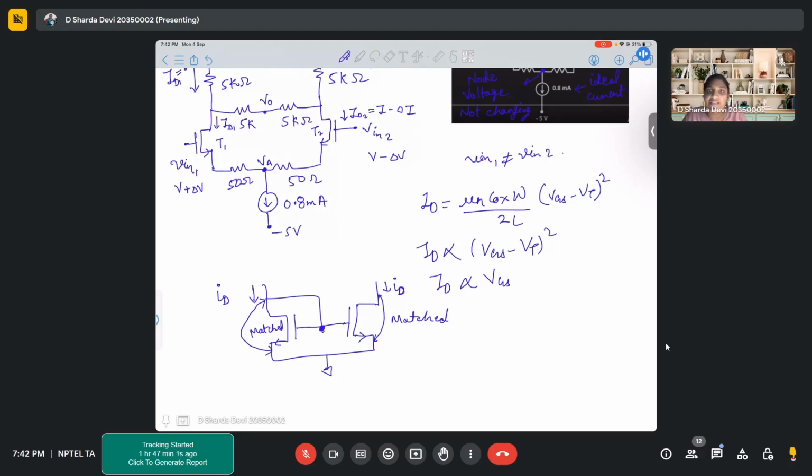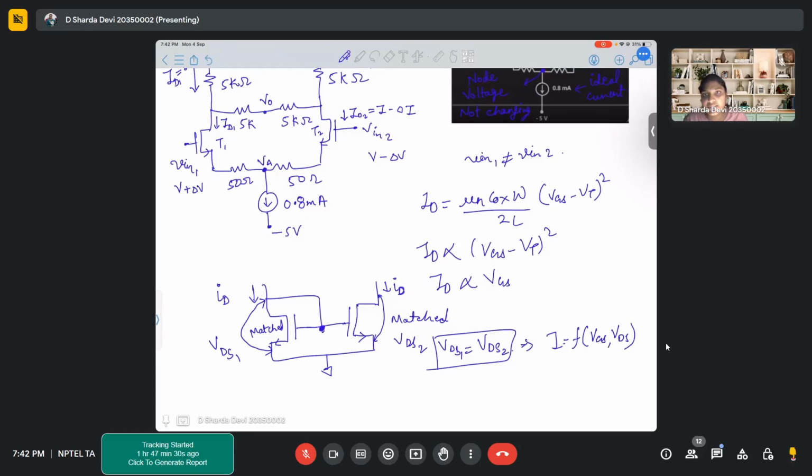So if you say that there are two branches which carry the same current, in a practical scenario the currents are exactly the same, then I can also say that my VDS1 is equal to VDS2. Because in the practical case, I is a function of VGS and also VDS.